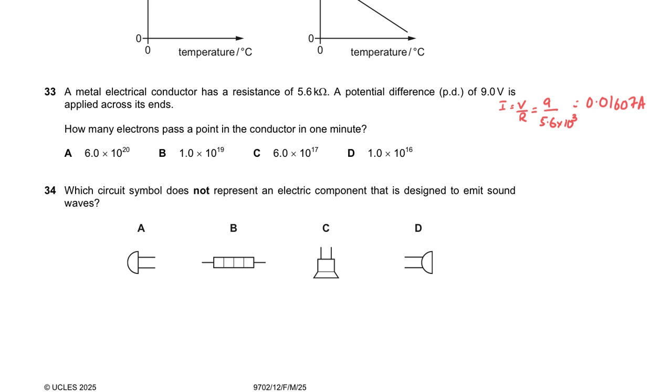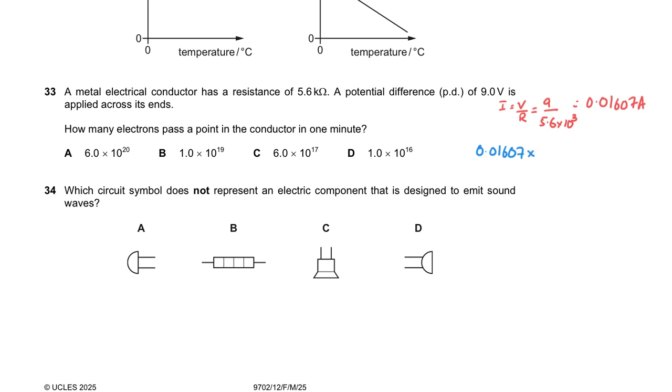So let's first find out the number of electrons that pass in 1 minute, or the total charge that passes in 1 minute. If I were to do this directly, I would say 0.01607. That is the total charge in coulomb that passes in 1 second.